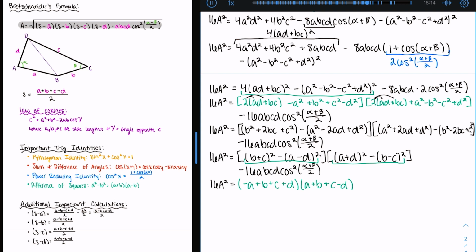And from the second bracket, I will get A minus B plus C plus D and A plus B minus C plus D. And then I'm still bringing down this last piece.